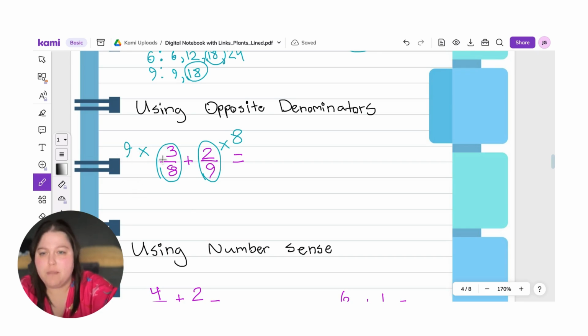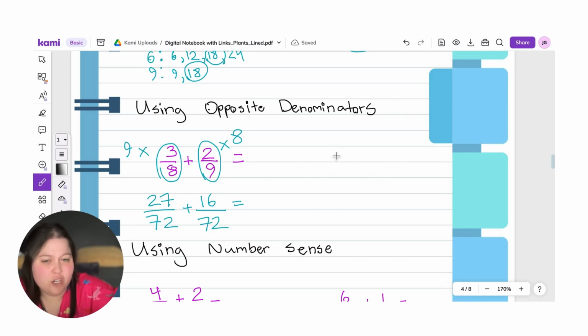So 9 multiplied by 3 is 27, and then 9 multiplied by 8 is 72. For my second fraction, 2 multiplied by 8 is 16, and then 9 multiplied by 8 is 72. All right, now that I have found a common denominator by using the opposite denominators, I'm going to add together my numerators, so 27 plus 16.